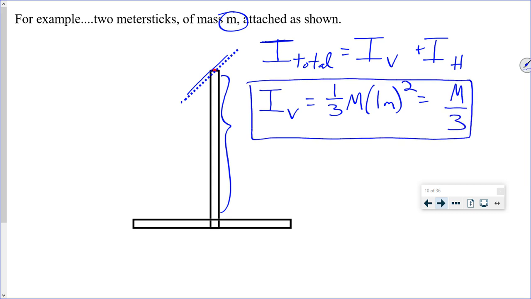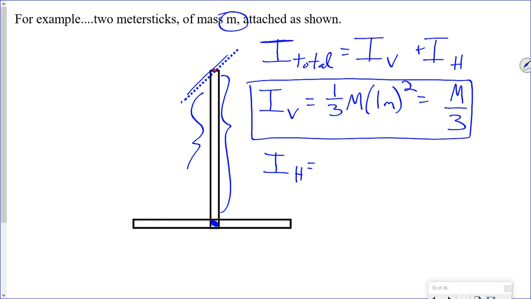Now the rotational inertia of the horizontal stick. This is the center of mass, but our pivot point is actually 1 meter away from that. So I'm going to use the parallel axis theorem. I'm going to do 1/3 times the mass times 0.5 meters squared.